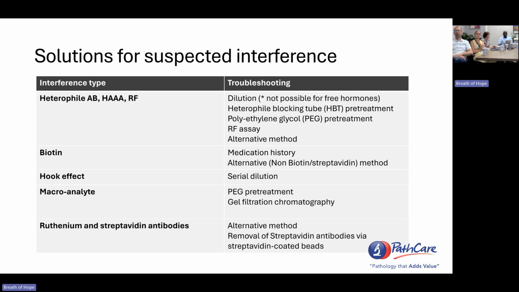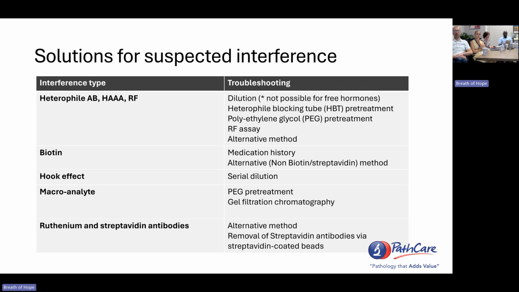Or we can use an alternative method, especially if you are looking at biotin, streptavidin, or you want to exclude a specific species antibody. For biotin, you need to take a careful medication history and also look at alternative methods in that case. For the hook effect, the answer would be serial dilution.